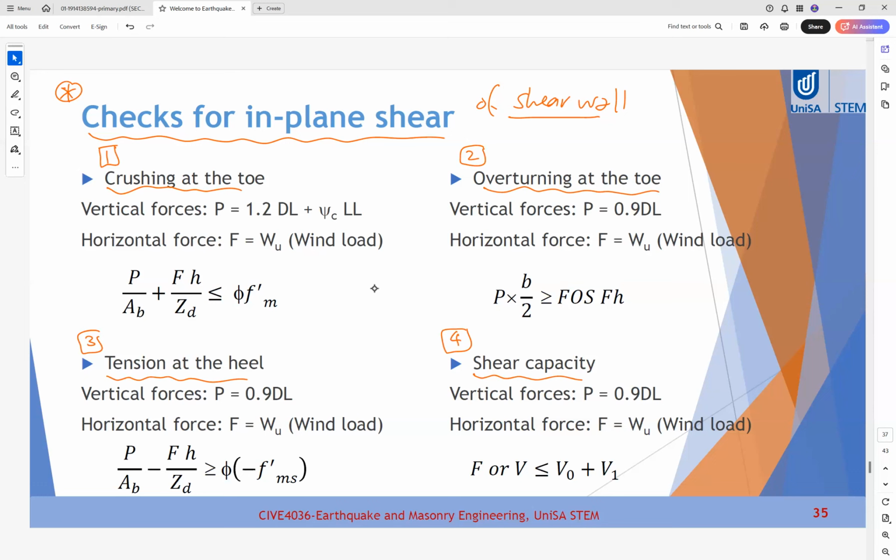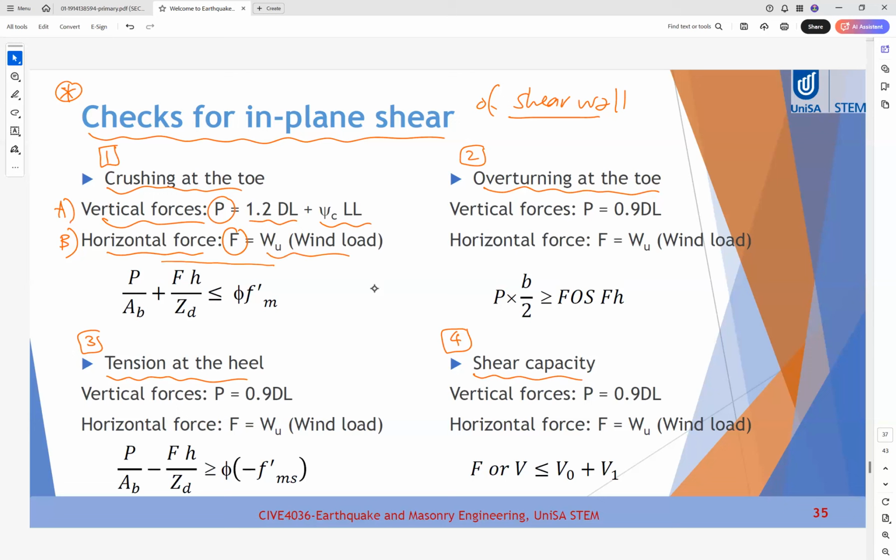So when you are designing a masonry shear wall, you need to check these. For crushing at the toe, you will study the vertical forces and horizontal forces. The vertical force N is 1.2 D plus psi C live load. The horizontal load F will be the wind load.